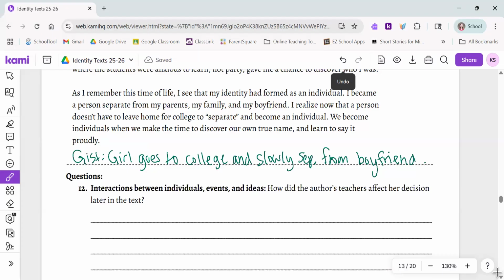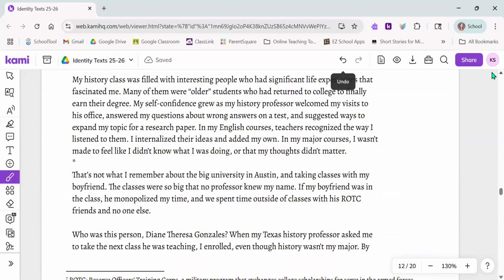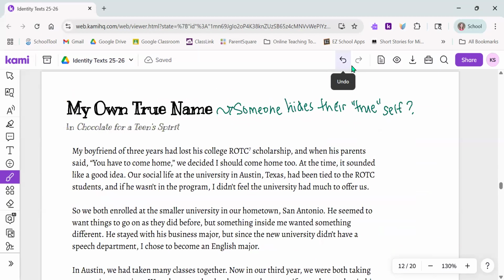So we've done the first 2 steps of annotating for comprehension. Step number 1, note the title before you really read. Step number 2, read the whole text without stopping and do a gist at the end, 1 to 2 sentences. The next step is to then look at those specific paragraphs more generally and actually make paragraph annotations.